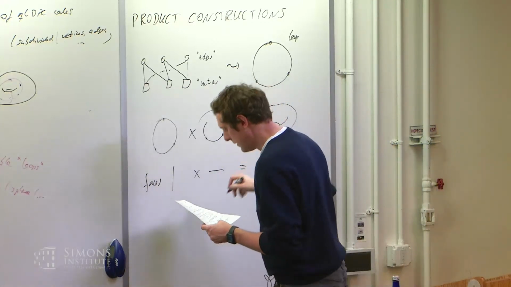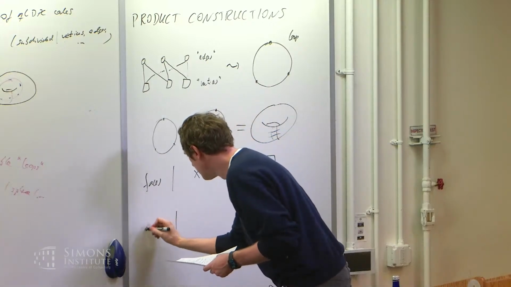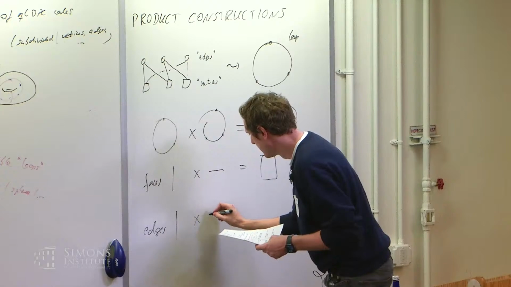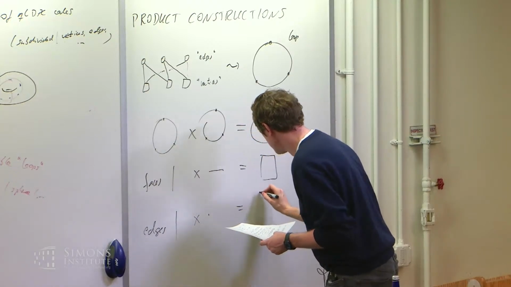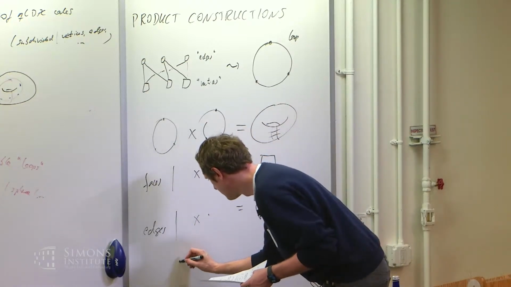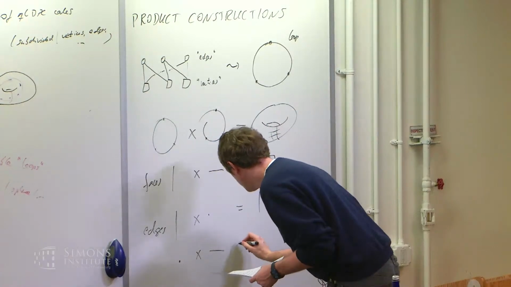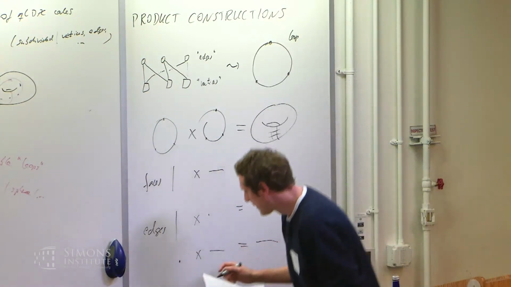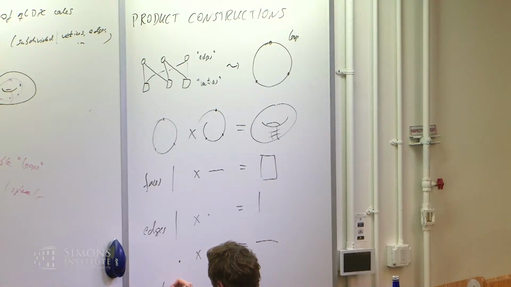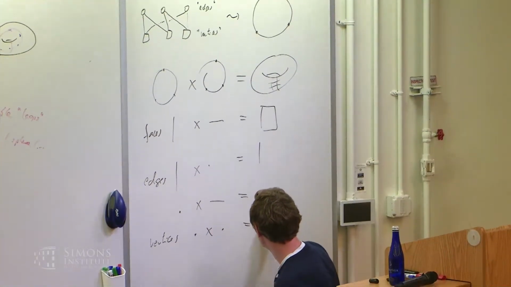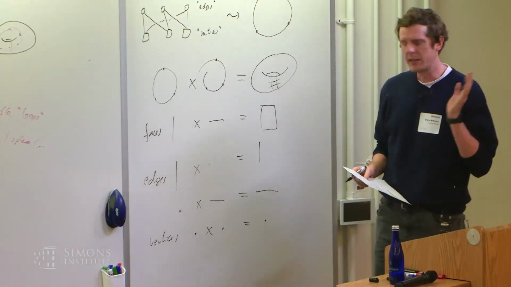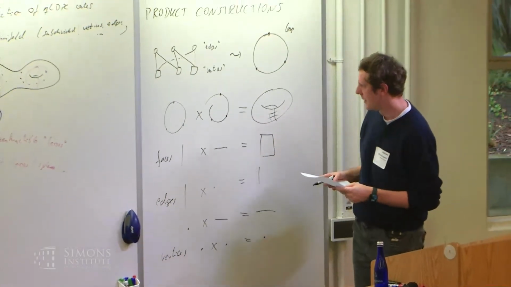Now the edges in here are products between an edge and a vertex, or a vertex and an edge, and vertices are products between two vertices. Is that intuitively clear? This is literally just what it is topologically.